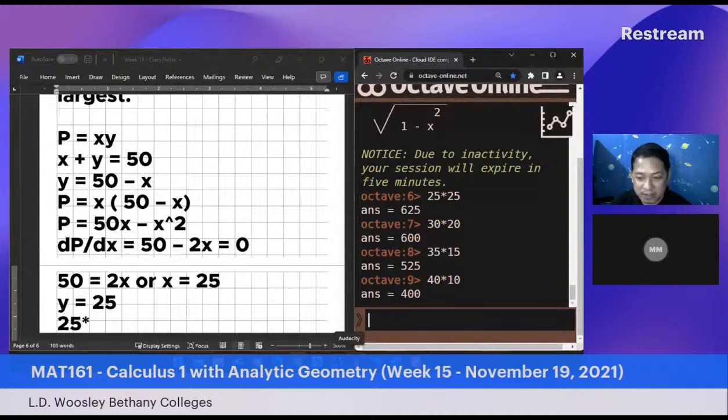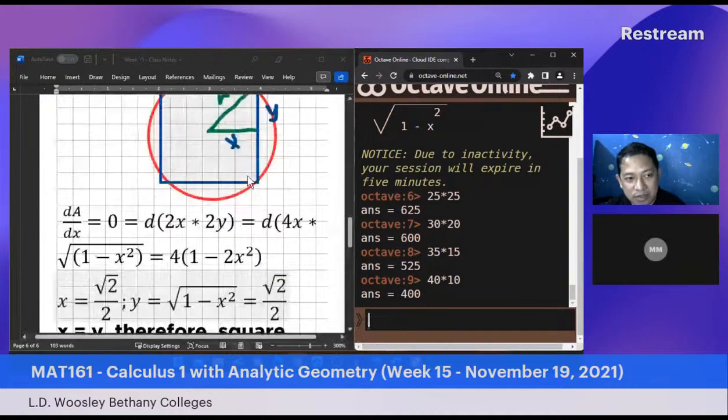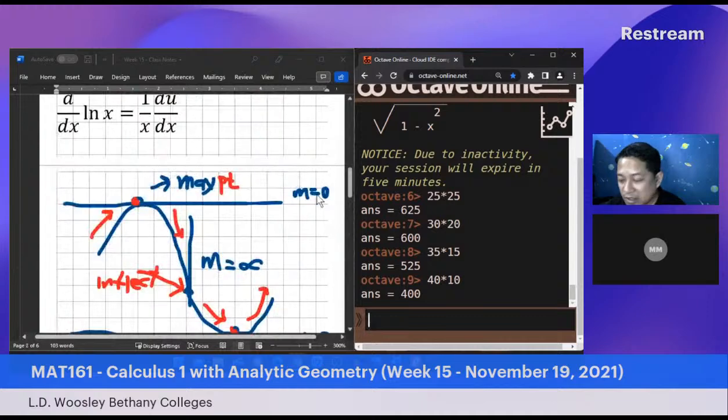Sir, bakit po ulit siya in-equate sa 0 po? Okay, babalik tayo doon. Kasi yung slope ng maximum value equal to 0. Recall that the slope is also your first derivative. Yun yung significance doon. Yung slope mo, yun mismo yung first derivative mo.